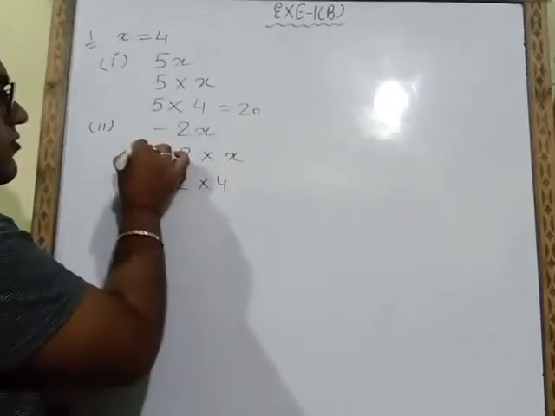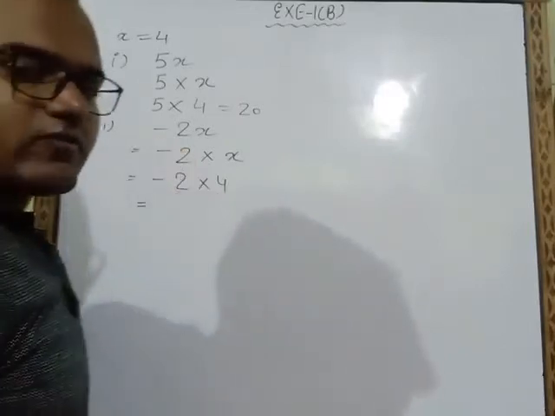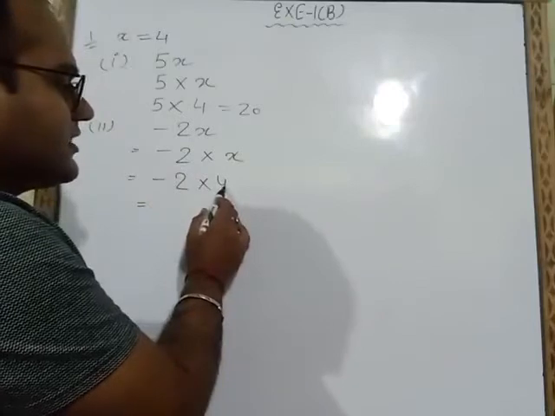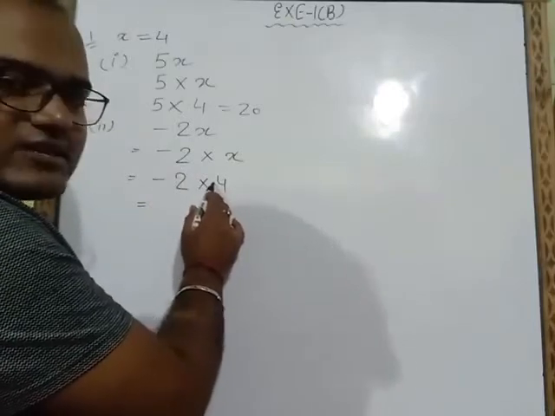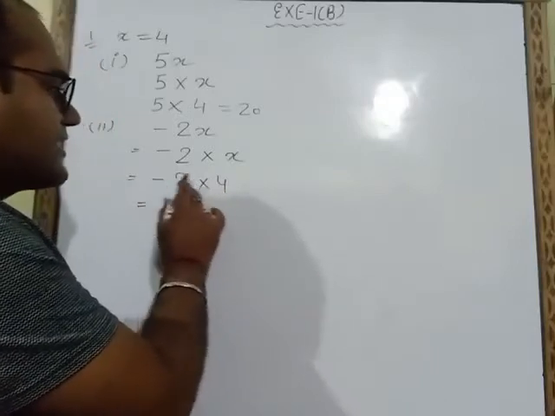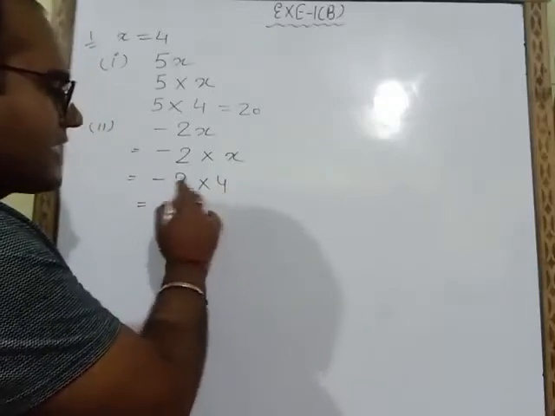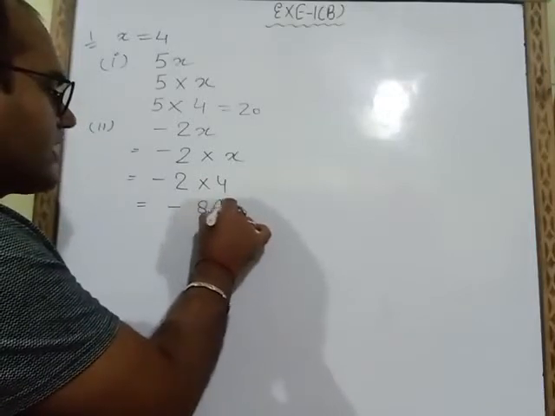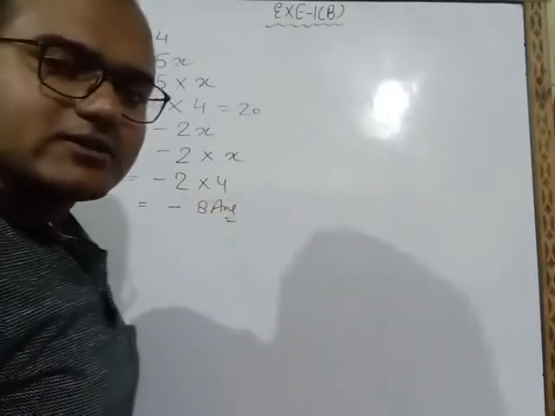Now we have to multiply these two numbers. First of all we multiply the signs: minus, and in front of 4 there is no sign, that means we take a plus sign. Minus multiply plus is minus. 2 multiply 4 is 8. So the final answer of this second part is minus 8.